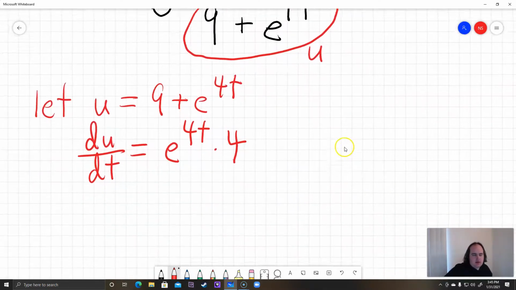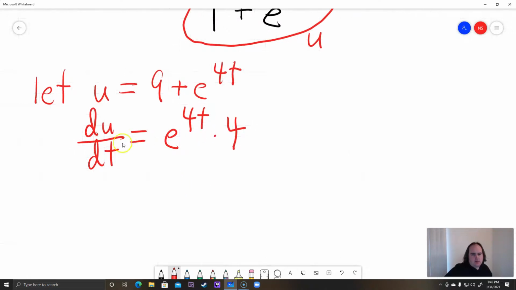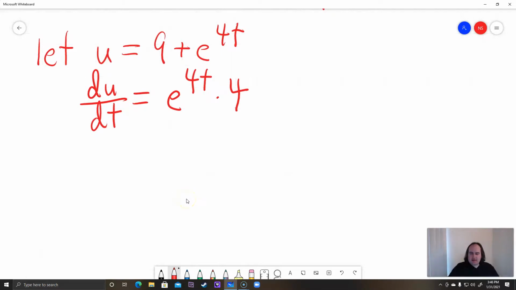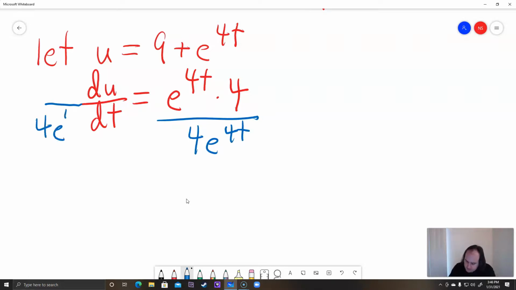Okay? And then we want to isolate dt, at least if you want to do it the way I like to teach it. So I'm going to divide both sides by 4e to the 4t, and multiply both sides by dt, so I'm moving my dt to the right side. On the right side, all this is going to cancel out, and we're just going to have dt.